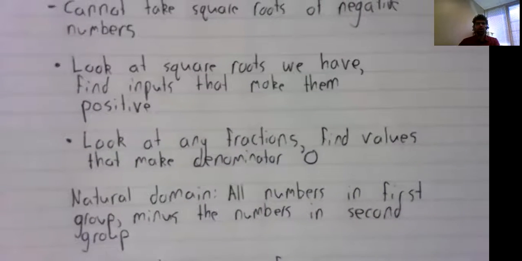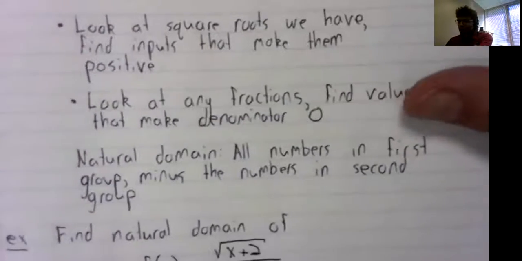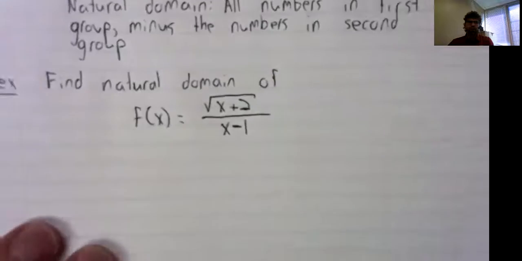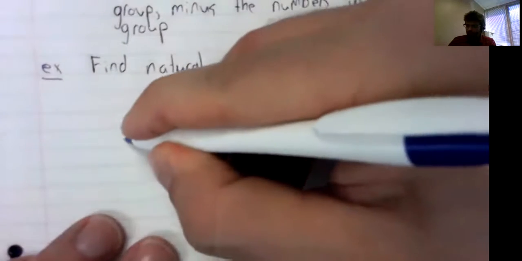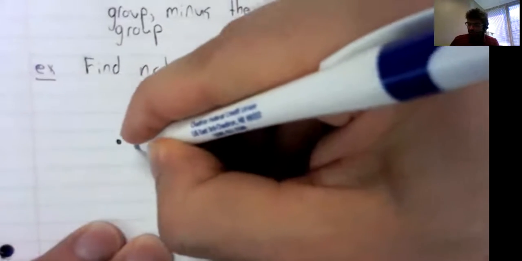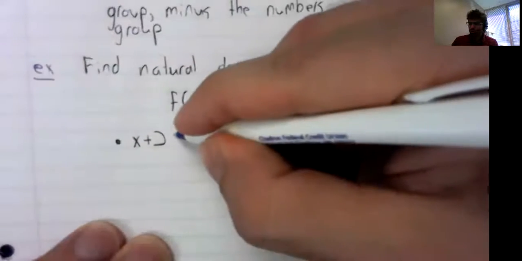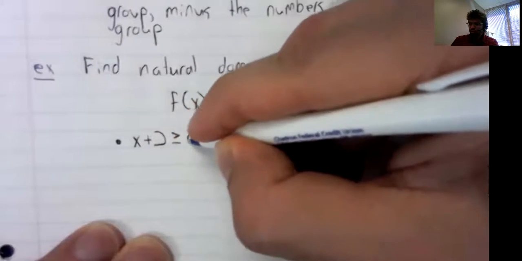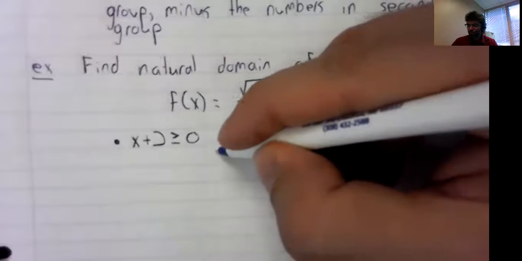So we'll start by looking for any square roots, and we do have a square root, this one here, and we need whatever we have under the square root to not be negative, so that we don't have any imaginary numbers.